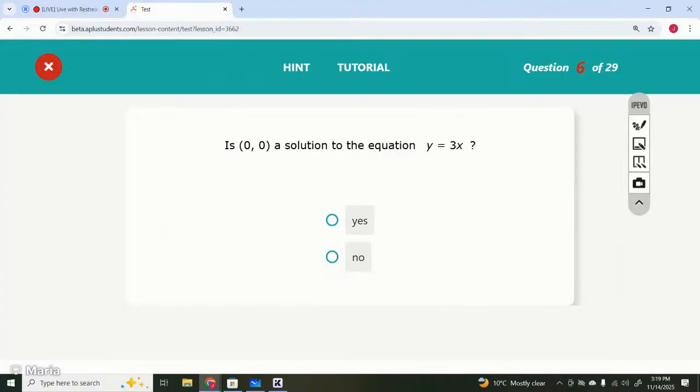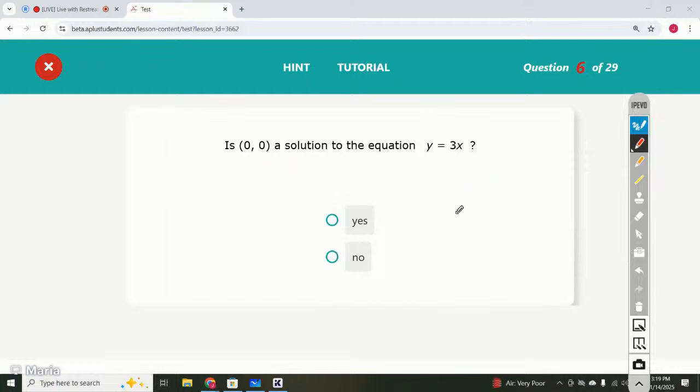Is (0, 0) a solution to the equation y equals 3x? X is 0, y is 0. 0 is equal to 3 times 0, so 0 is equal to 0. So yes, (0, 0) is a solution to the equation y equals 3x.